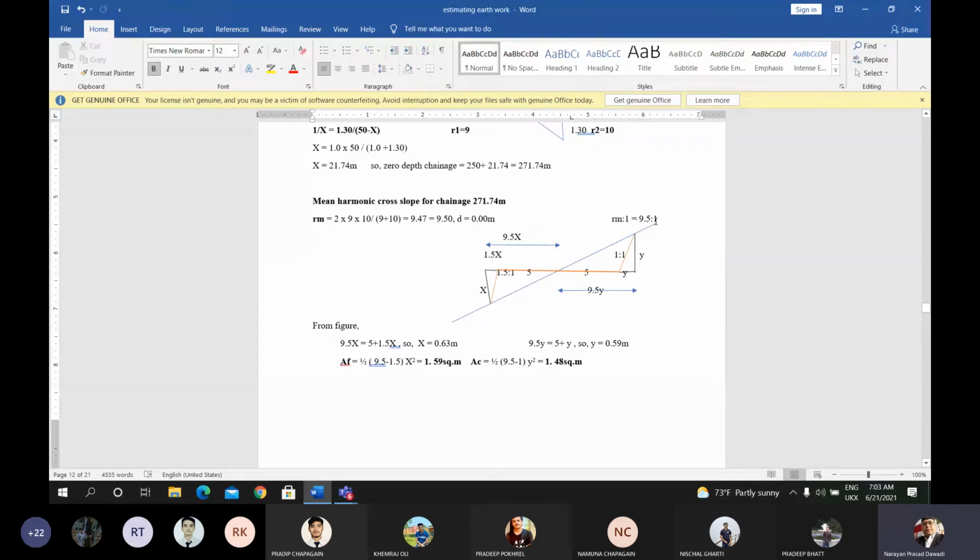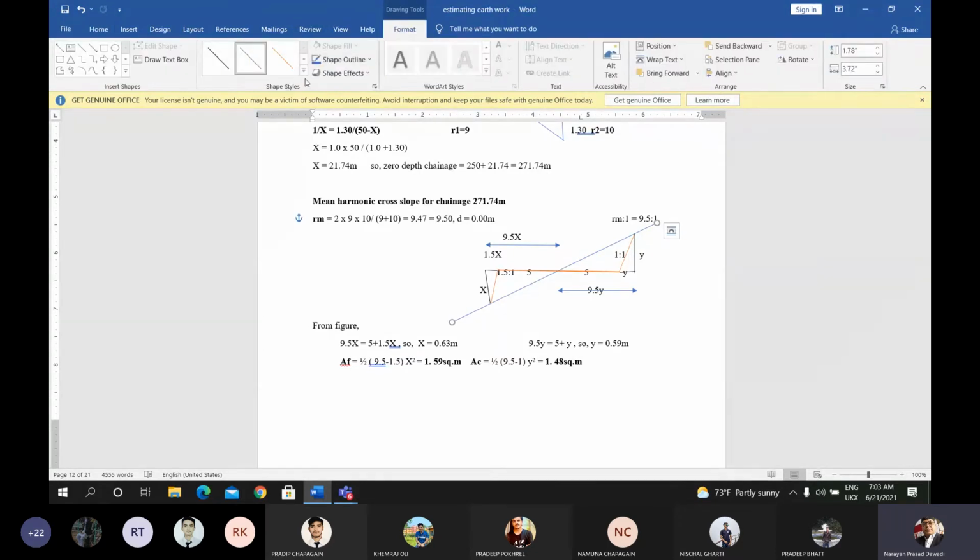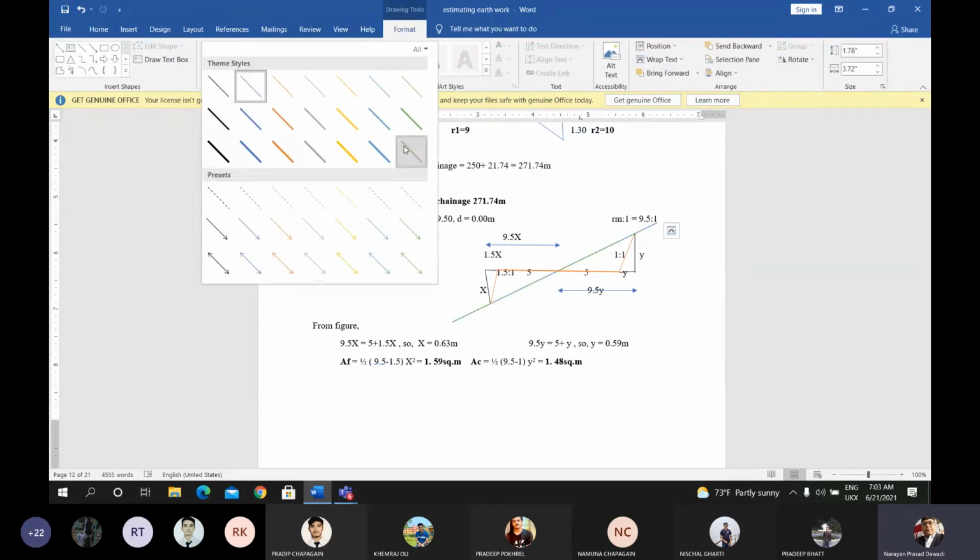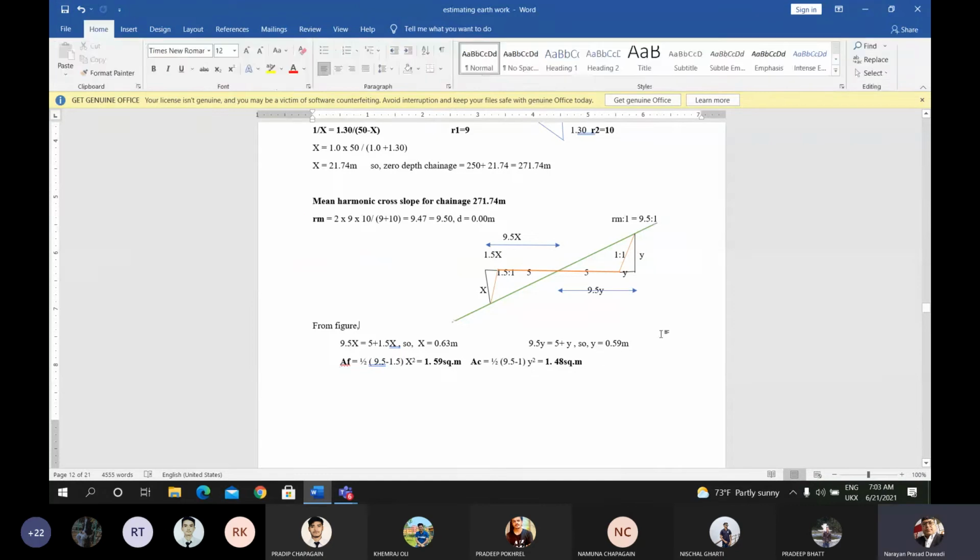Okay, and if this is X, then this green line is the cross slope line, and this horizontal distance will be 9.5X. For the second triangle, the horizontal distance will be 9.5Y, because this is Y and this slope is 9.5. For the 1:1 cutting slope, this value will be Y.